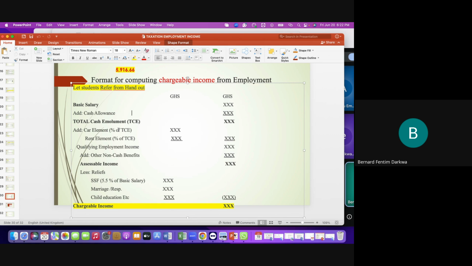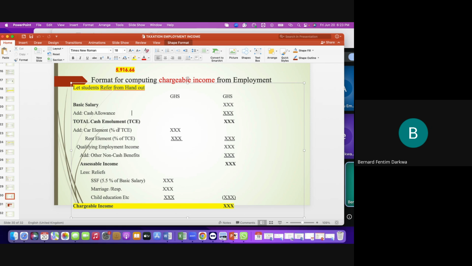If their salaries are paid to them directly, they will all come under other non-cash benefit. Again, other non-cash benefit can be in the form of items, like a bag of rice, soup, or detergent. All those items, you quantify their value and add it as other non-cash benefit, benefit in kind. So that's how we do it.